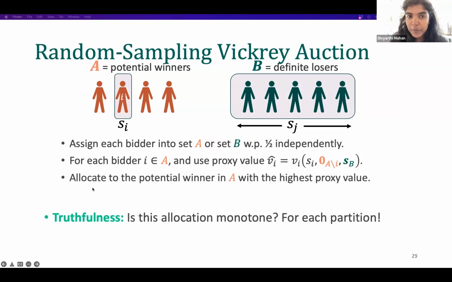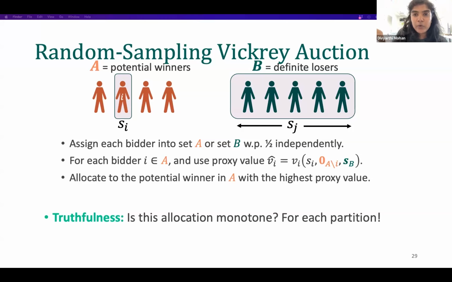Is this allocation going to be monotone? Yes, it is monotone, right? For any given partition, I only look at the agents in A and decide who the highest proxy value agent is. So when they increase their signal, their proxy value increases.